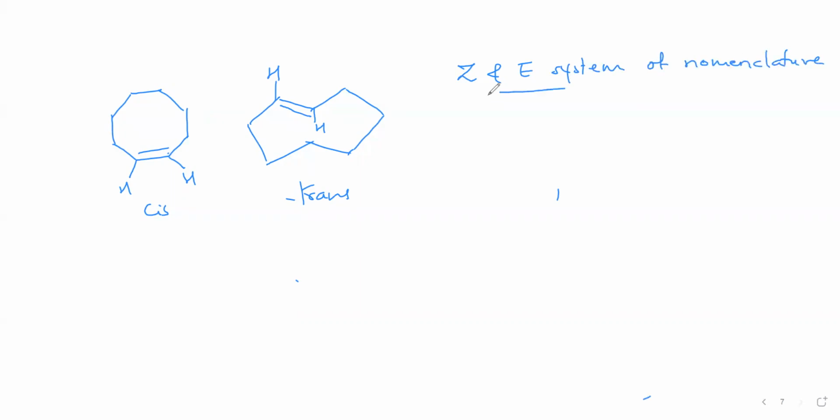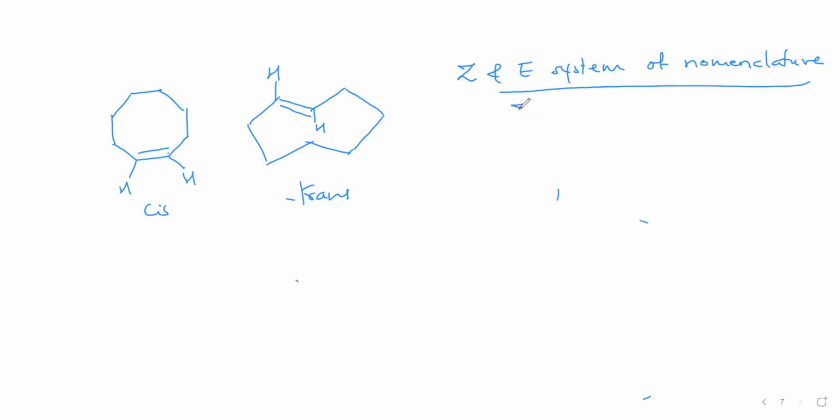Now write down Z and E system of nomenclature. I'll tell you what this is.